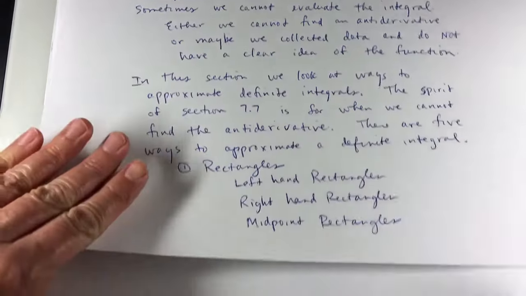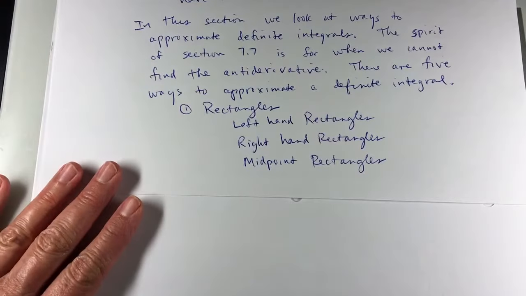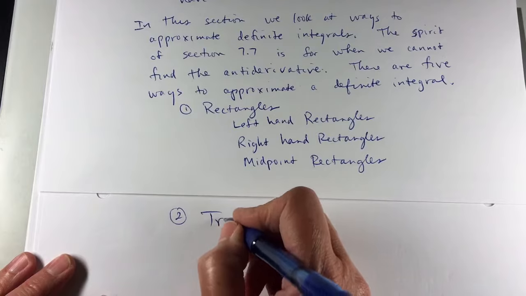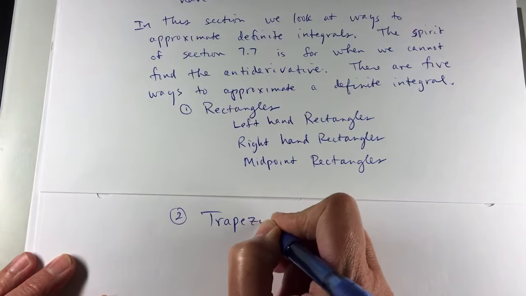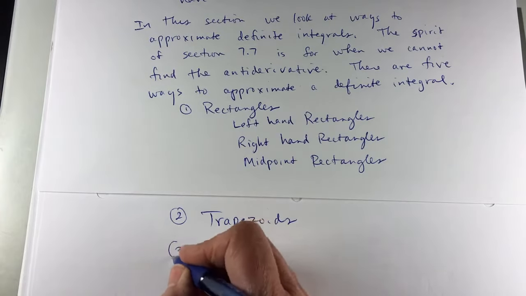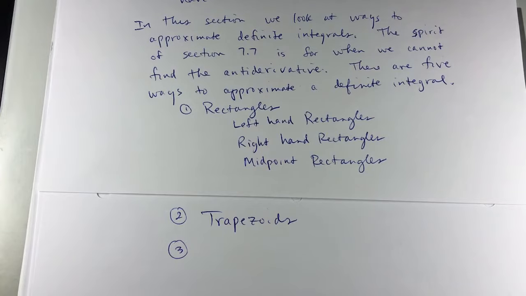And then the second category, instead of rectangles, I could use trapezoids. And this is called the Trapezoidal Rule. Some of you were asking last week, is the Trapezoidal Rule going to be on the test? I don't remember us covering that. No, but it might be on the next test.